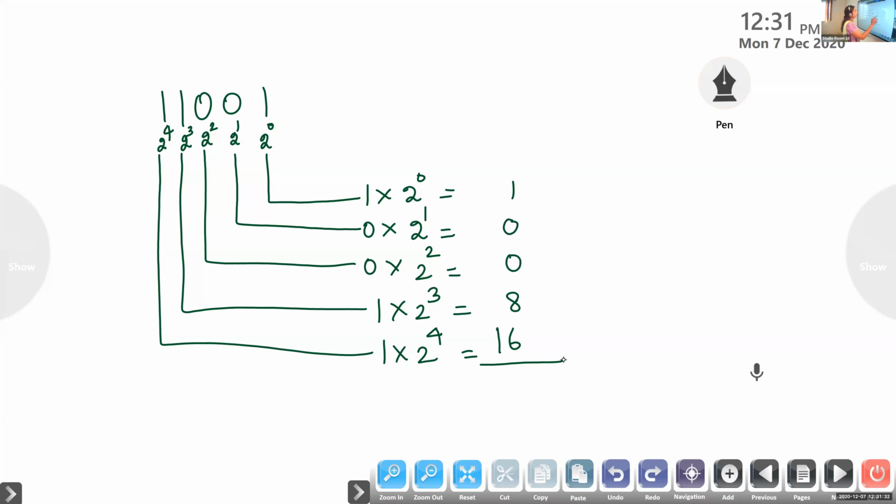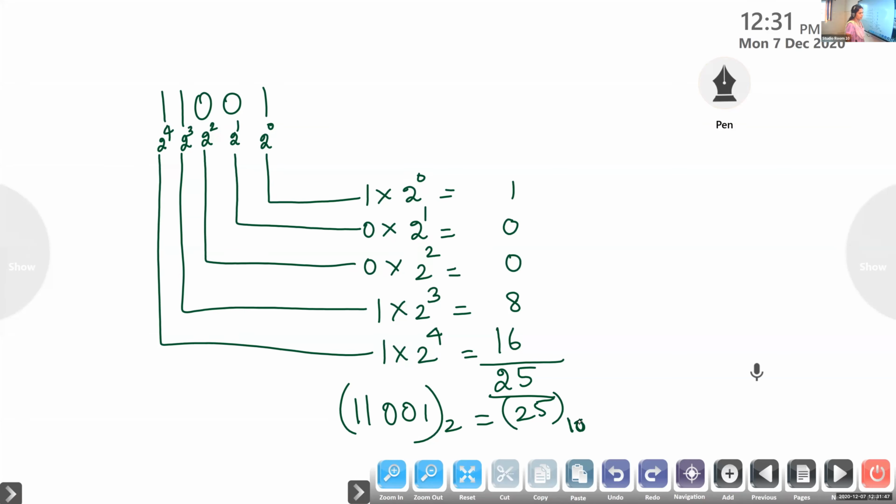So what is the answer? Is it 25? So we can write 11001 to the base 2 is 25 to the base 10.